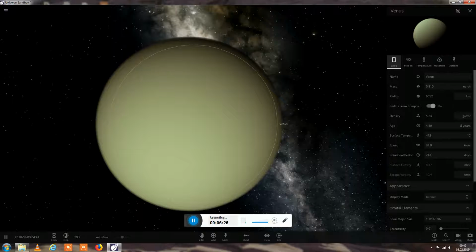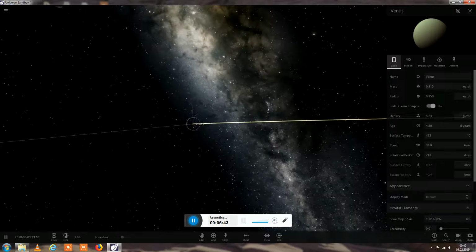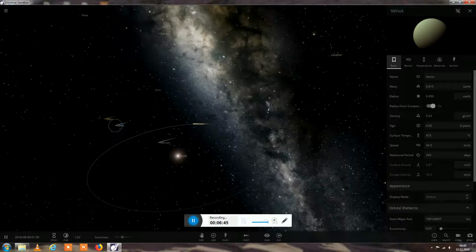For example, in terms of mass, it's 0.8 times that of Earth. Earth would be 1, Venus is 0.8.